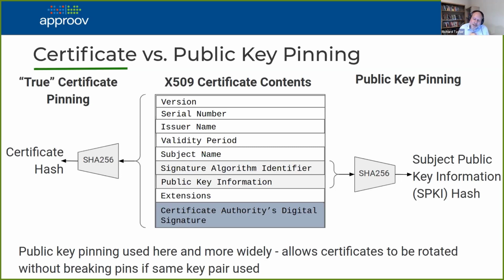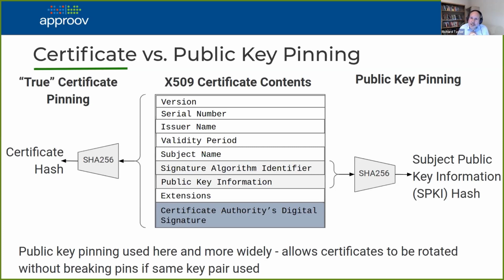Or typically the way it's done in mobile apps nowadays and supported by the frameworks is subject public key information hashes, where you take the algorithm and public key information and you hash that bit, and that produces a pin value.